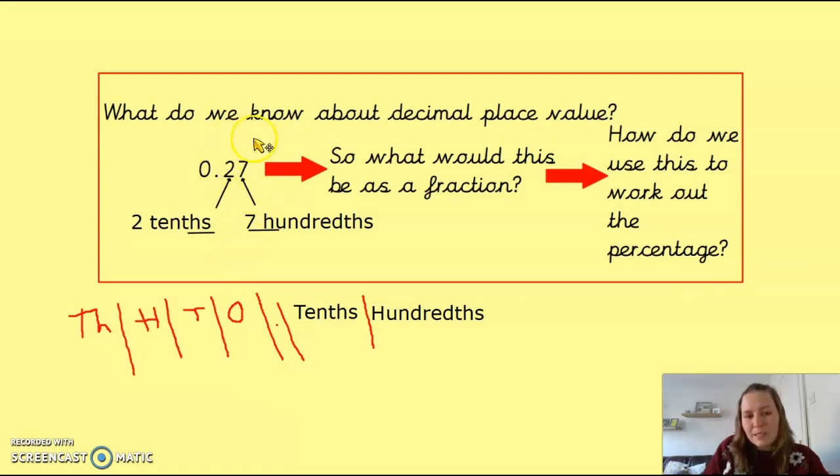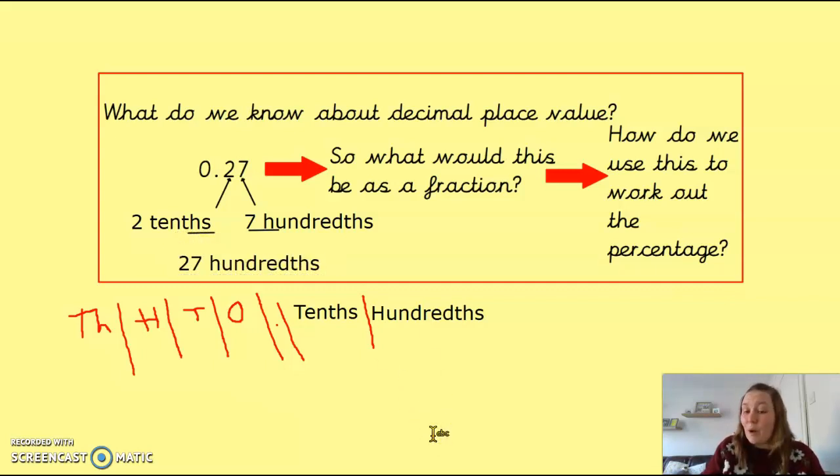But because I've got both of these numbers, it's actually the same as saying 27 hundredths. Okay, so these are 2 tenths, yeah, but all together I've got 27 hundredths.